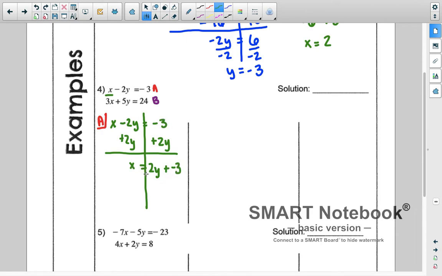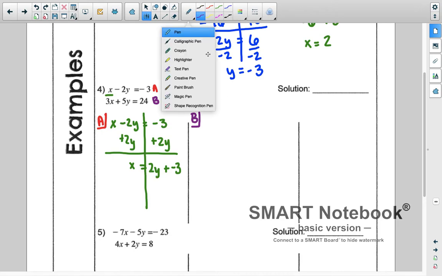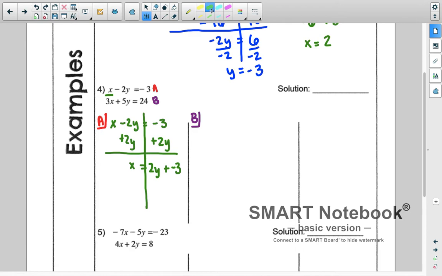So now x is all alone, so we can pop over to b. But when we do b, we're not going to write 3x. We're going to write in this whole amount that x equals. I'm going to use my highlighter to show that. So this right here, 2y plus -3, that's going to go in for that x.